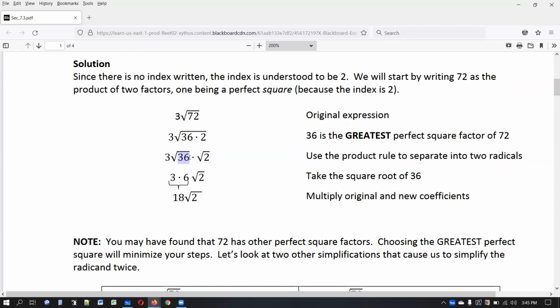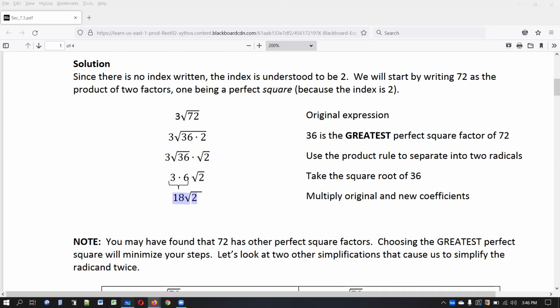The square root of 36, I know it's 6, and then it multiplies the 3, and then it multiplies the radical 2. So the square root of 2 remains as radical 2 throughout the process because I cannot simplify it. This is what we call an irrational number. So the final answer for this problem is 18 radical 2.